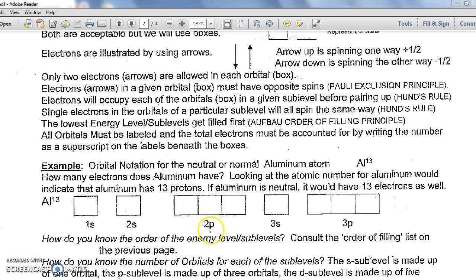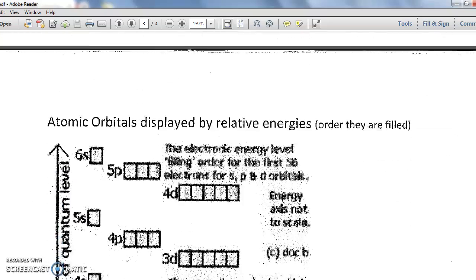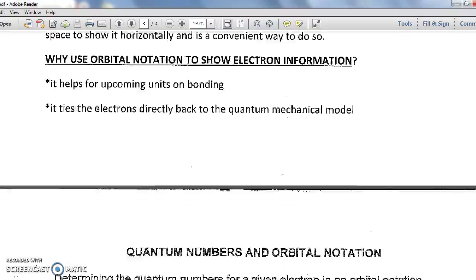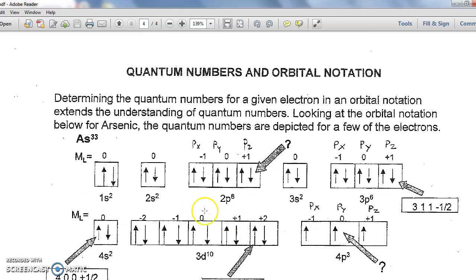So when you're in the P, your second number is a 1. So it's a -1 to a +1, meaning the middle box will be a 0. It'll look something like this. The third number is the ML. You put the ML right above the boxes right here.